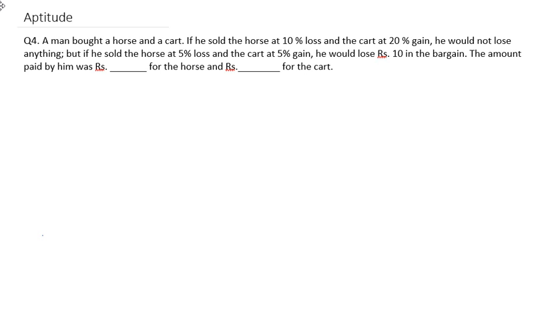So let X be the price of the horse and Y the price of the cart. The first condition is he is selling the horse at 10% loss and the cart at 20% gain. He is not making any profit, neither loss.